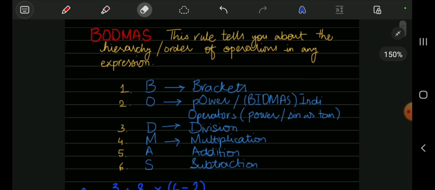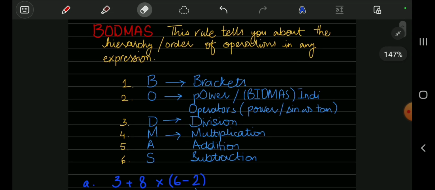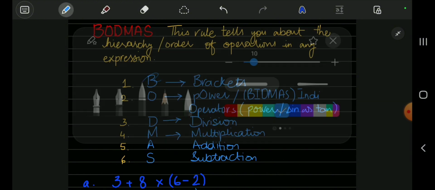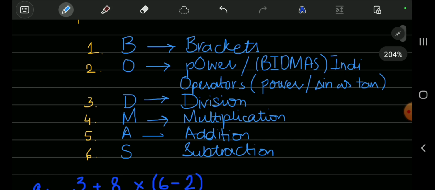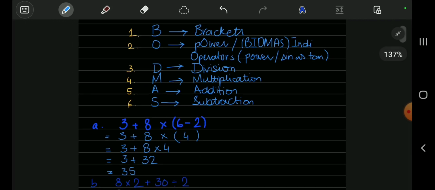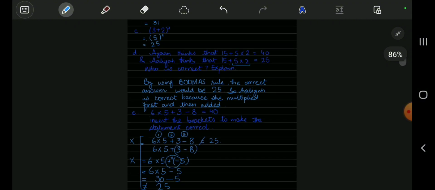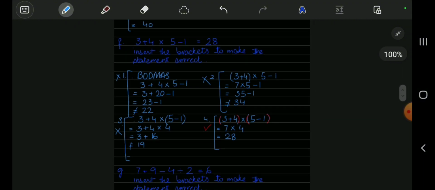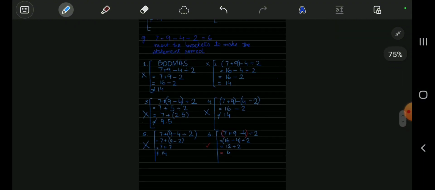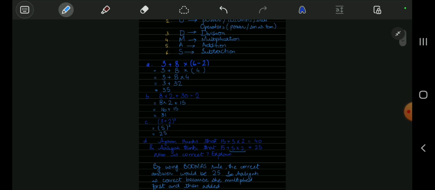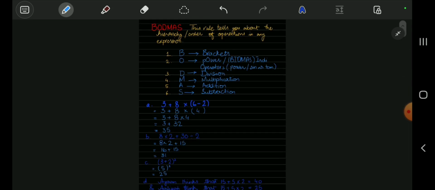This rule tells you about the hierarchy or order of operations in any expression. We looked into what each of these letters stand for, and then we looked into the different types of questions that we could have in our EDEXCEL mathematics. Okay, that's it. Thank you very much and Allah Hafiz.